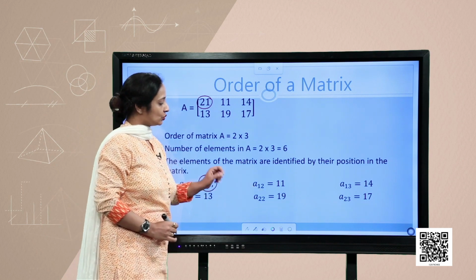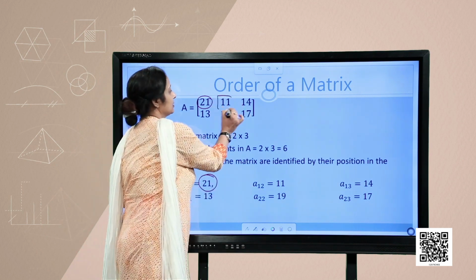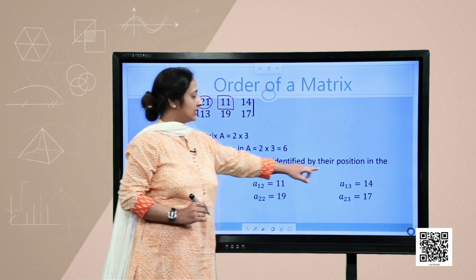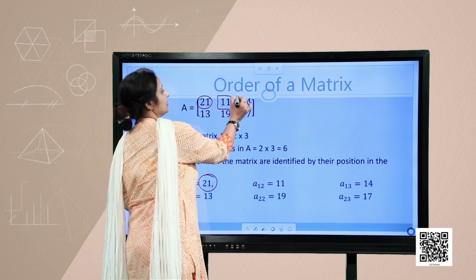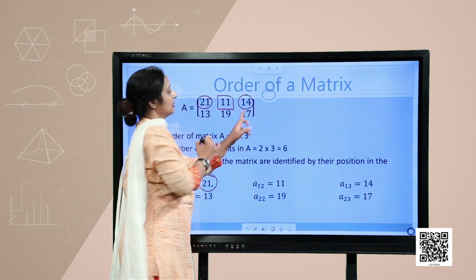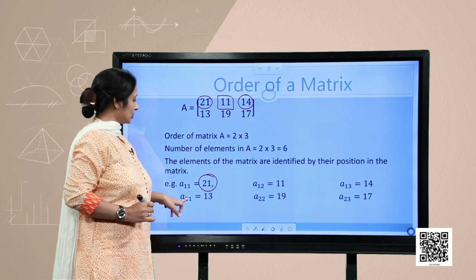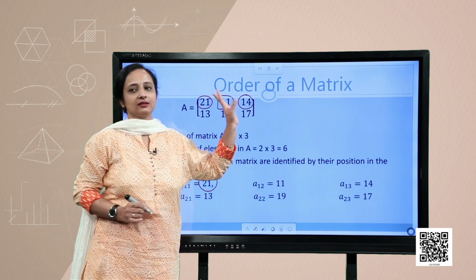Similarly, a12 is in the first row and second column. Similarly, a13, the element number 13, is in the first row and third column. Similarly, you can have a21, a22, a23 as 13, 19 and 17.